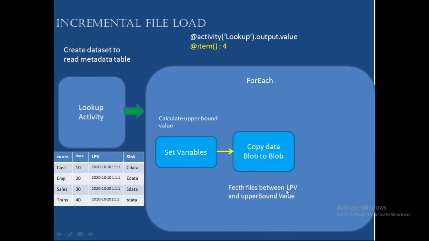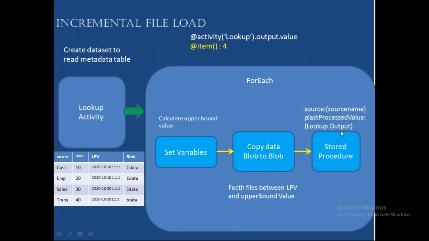See here, fetch files between LPV and the upper bound value. LPV means last processed value, that is nothing but the lower bound value. Once we fetch the files, we will load them into the target. Target can be anything. Then we update the last processed value by using the stored procedure. For the source name, you just have to give the target and the last processed value.